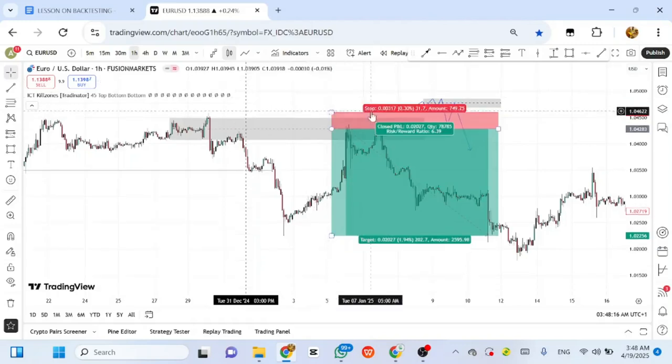But if you notice, you see all of this consolidation. At this point, there will be some kind of candlestick reaction here. What I would have noticed is that market would have broken structure within this candle.